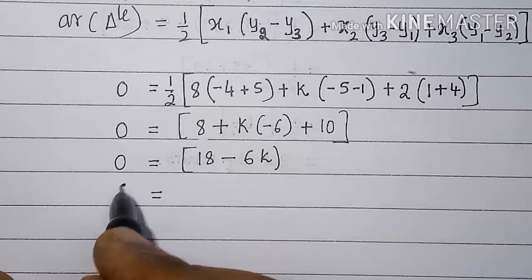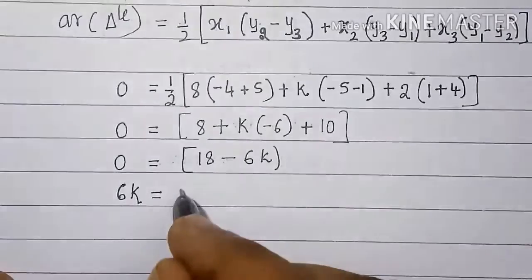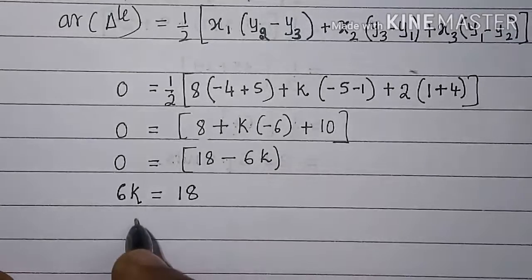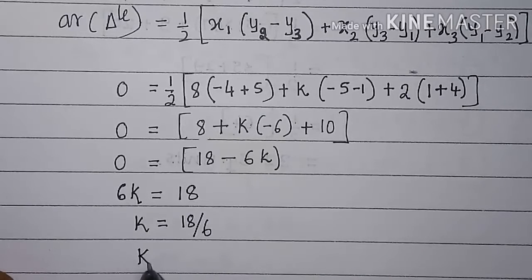That is 6k equal to 18, therefore k equal to 18 by 6 or k equal to 3.